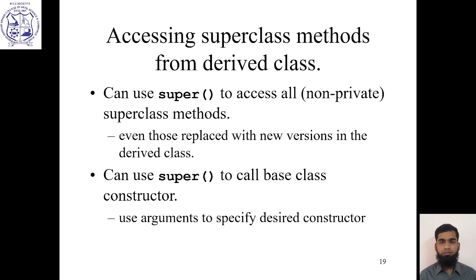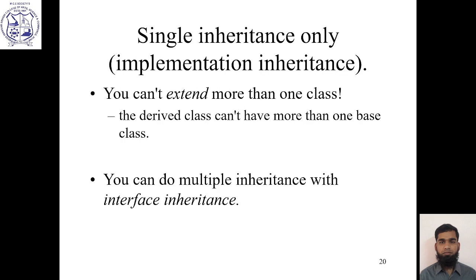We can use the super method to call the base class constructor. Basically, it is used for calling a specific desired constructor. Whatever parameters the superclass constructor has can be specified by our super keyword.